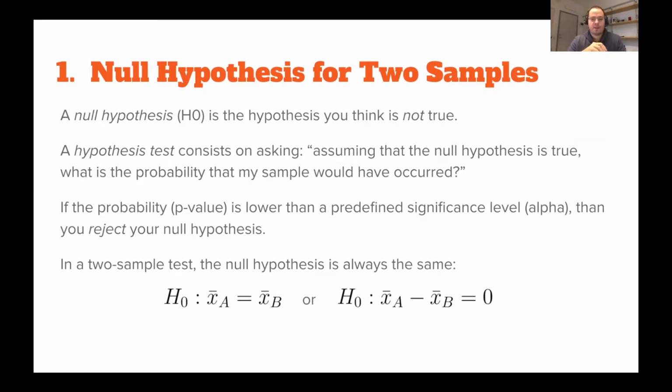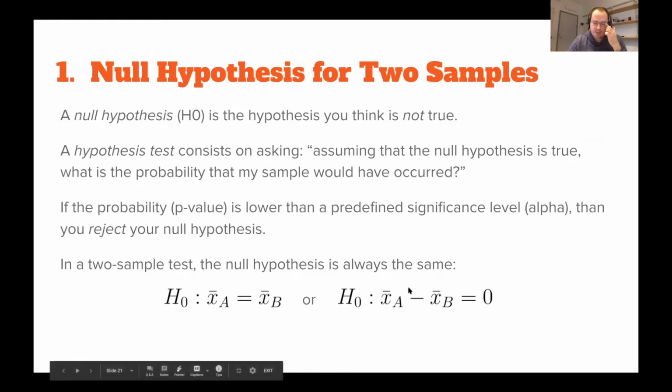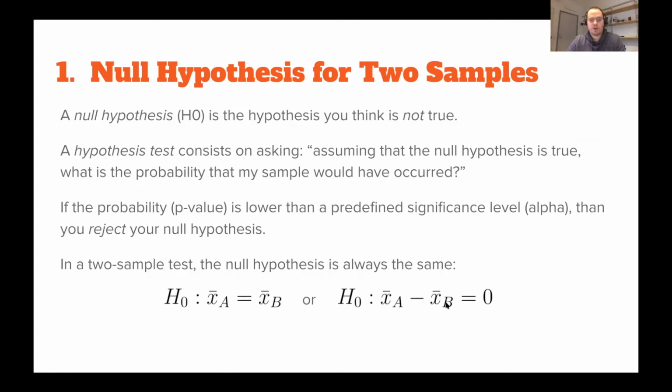Or, the exact same thing is to say that one minus the other equals zero. This is just another way to write it. It's exactly the same, but this is usually the most common way to represent it, because everything that we're doing is actually testing for a certain value that becomes the difference here.